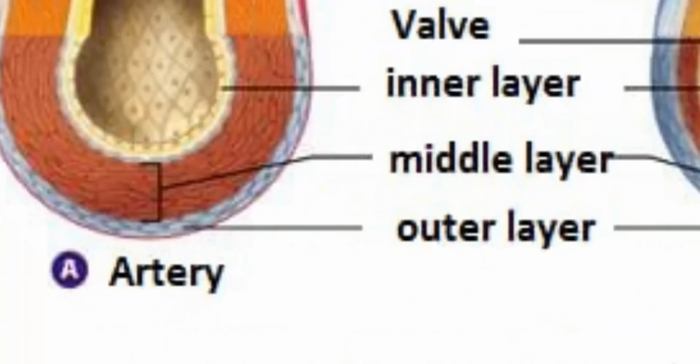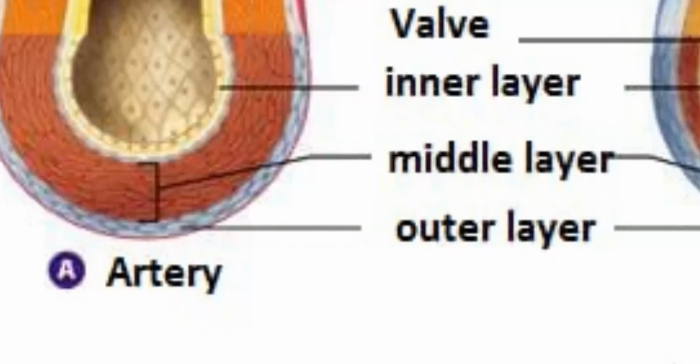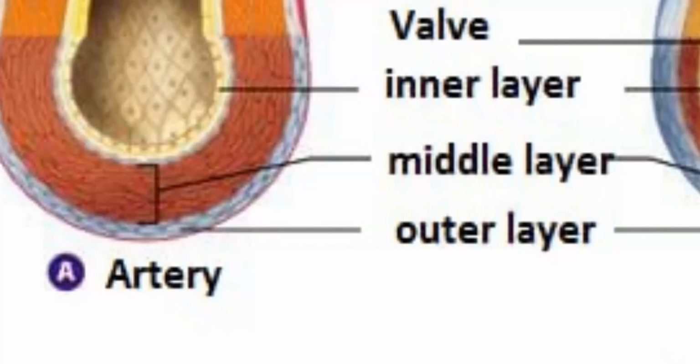Tunica externa. Collagen fibers. Zanil, correct. And collagen fibers and what? Fibrous connective tissue. Galav is most appropriately giving the answer. Yes, fibrous connective tissue with collagen fibers.